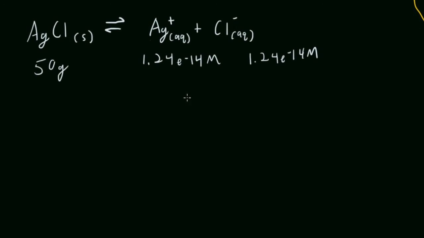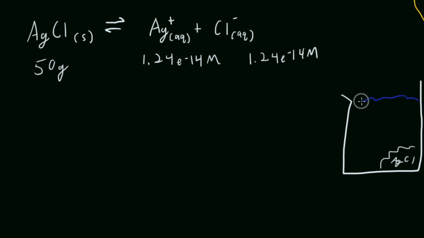This one is going to be in an aqueous solution. This would be in a beaker that's containing some silver chloride, AgCl. And remember, it doesn't matter how much AgCl there is, especially in this example. My solution here is a solution of water.